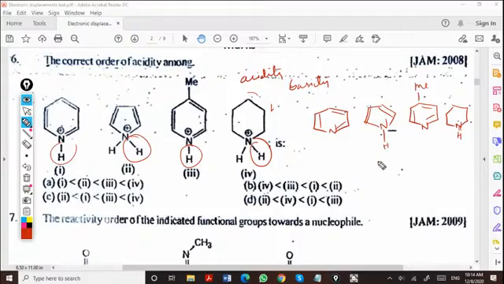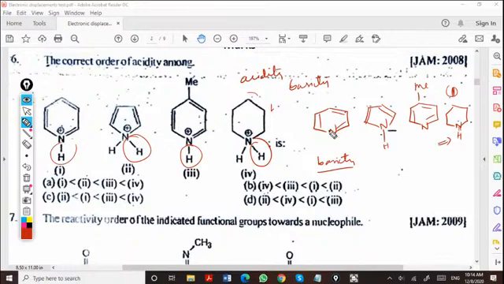So let's have a look at their basicity. The basicity of non-conjugated systems is more when compared with conjugated systems. So this is one. This is the highest basic.